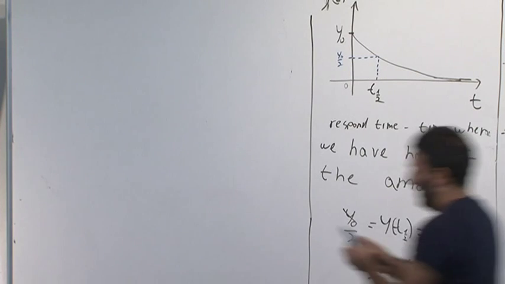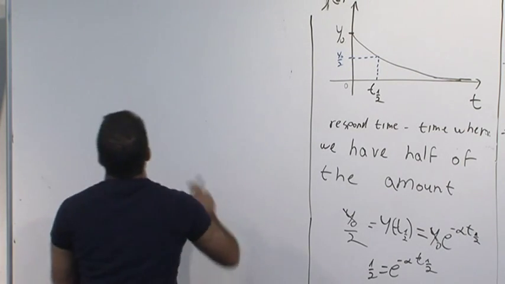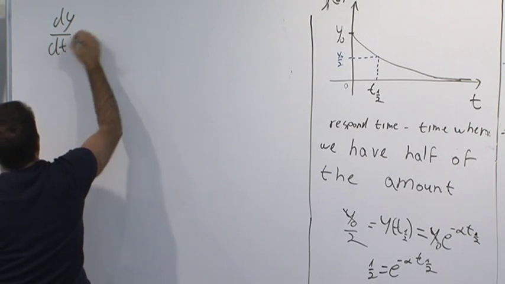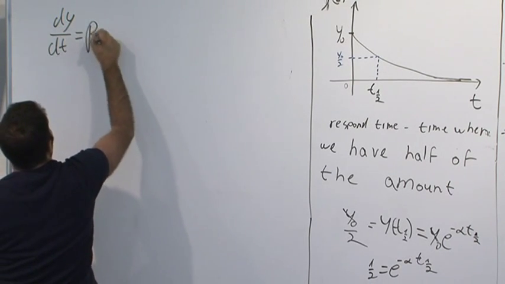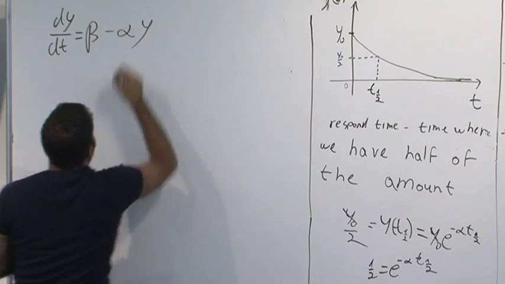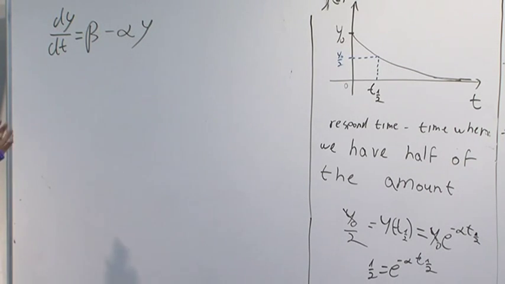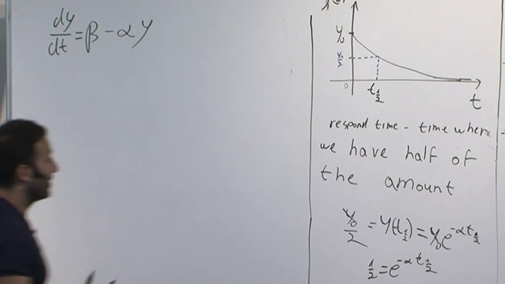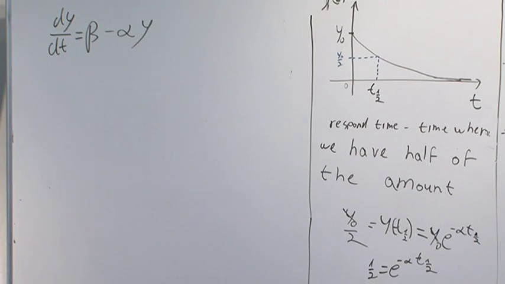So as we remember, our initial equation was that, right? And we want to solve it. So let me solve it by intuition. I will show you how you can do it.